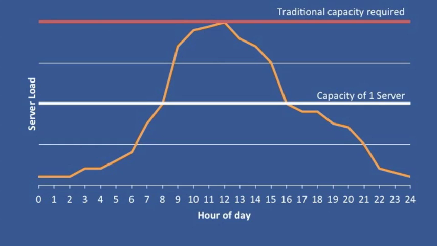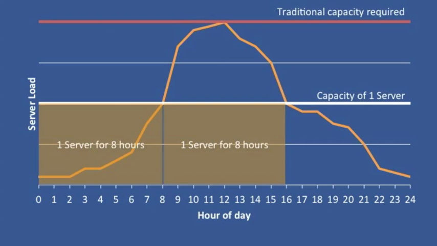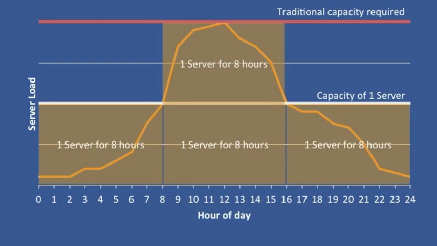If I were to supply instances to support that load, I would require 1 server for 8 hours. So the first portion of my day I can support the load with 1 instance in AWS. As I go through the day, I would add another server for 8 hours, or 2 servers during the peak, and then in the evening I could support the load with just 1 server again.